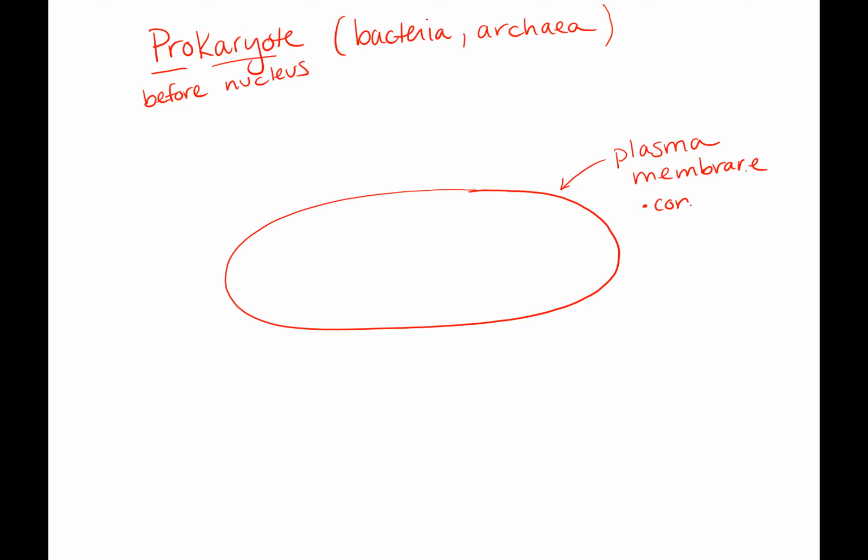So it contains cell contents, and it also controls what goes in and out of a cell. And that is going to be the focus of next week: membrane transport, water movement, membranes, and lipids.